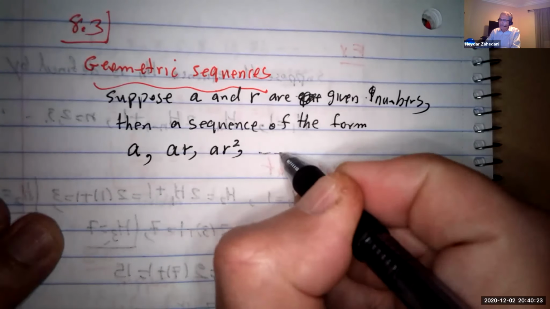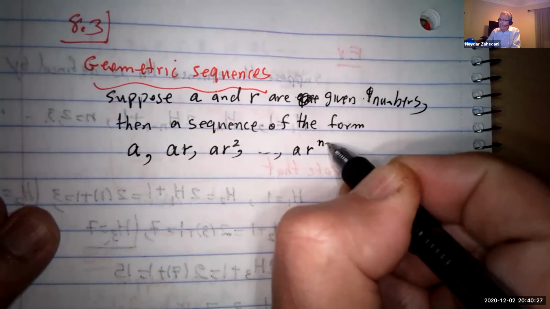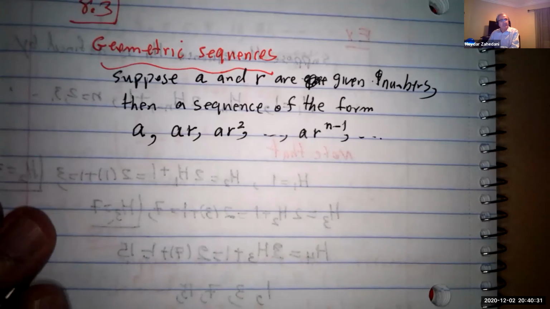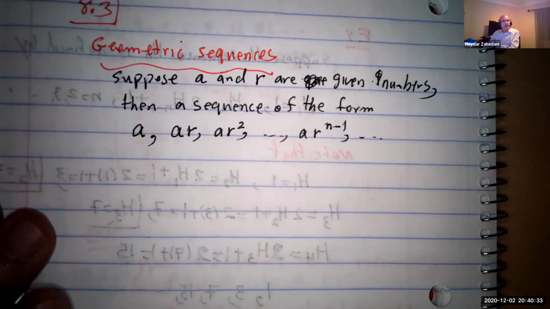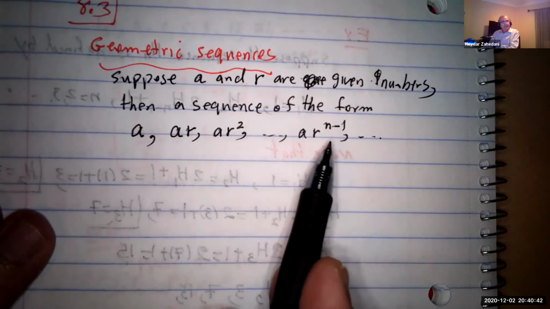This is going on to get A times R to the n minus 1. So it's like A times R to the 0, A times R to the 1, up to A times R to the n minus 1. It's like you start with the first number A, then you keep multiplying by R.